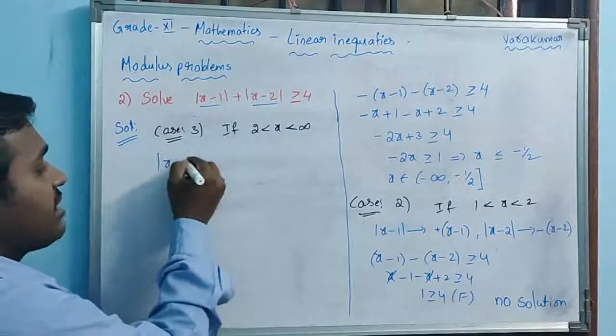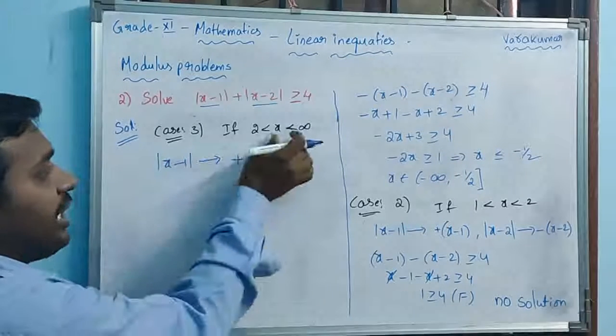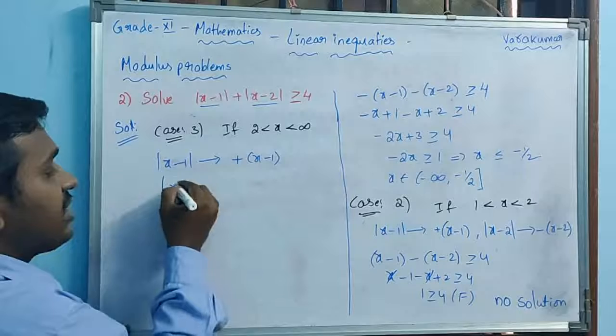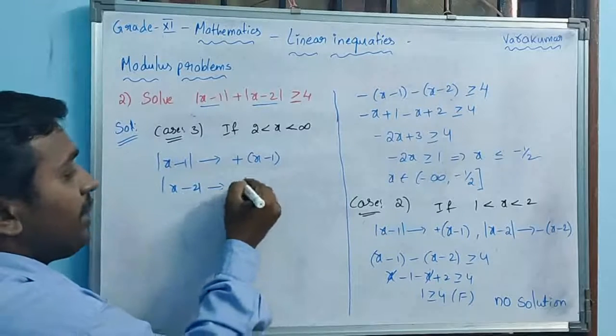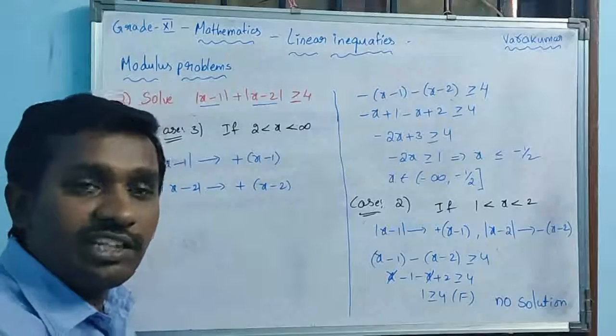So |x - 1| in that region is positive, and similarly |x - 2| also is positive because it is 2 above. Even if you take 2.1 also it is positive.